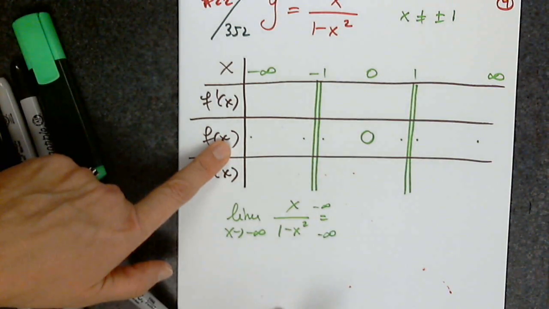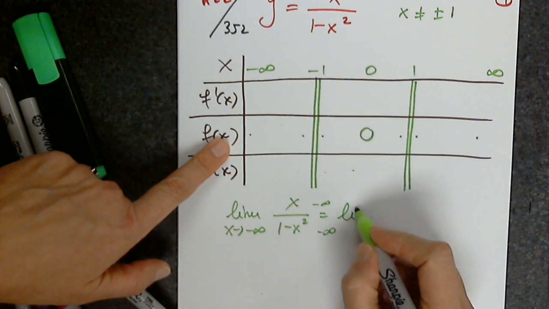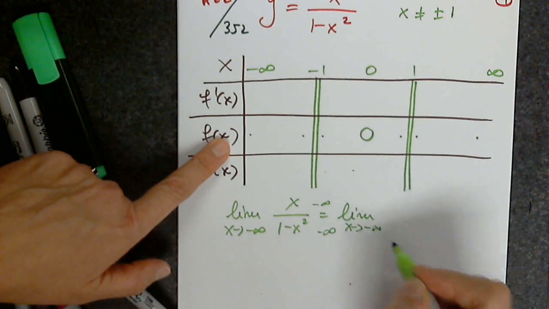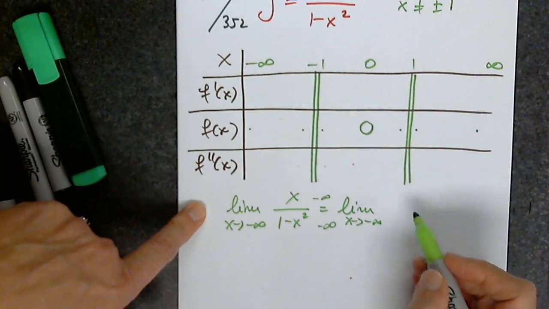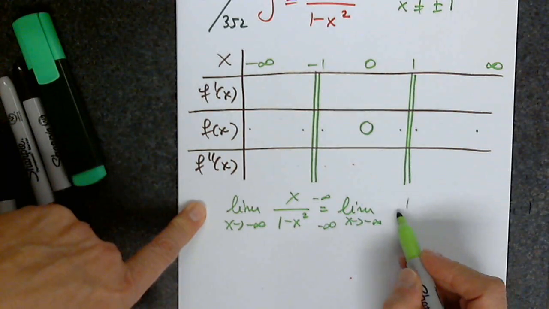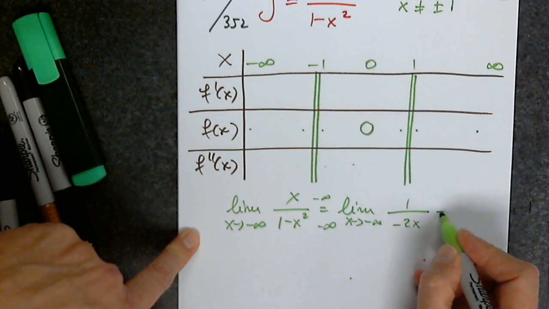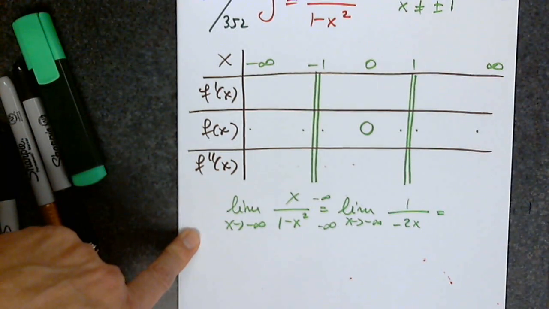Good. How do I address this? Exactly. So this is the limit as x approaches negative infinity. The top is, say it again. Excellent. Over. Good. Now again, where does this go? 0.